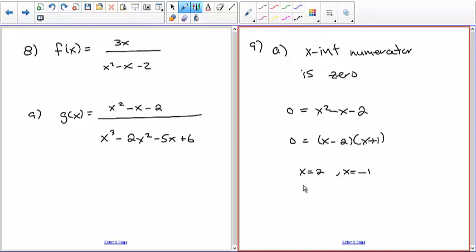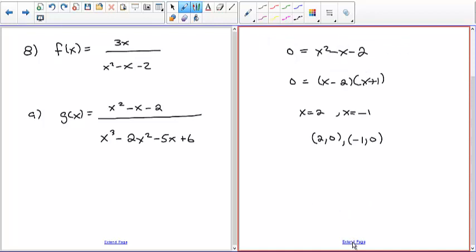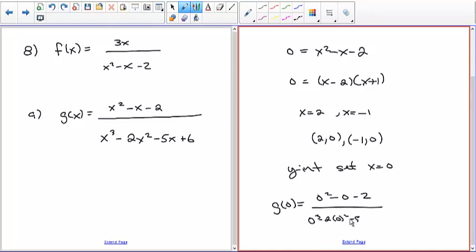In this case, we're talking about intercepts. So it's going to be 2, 0 and -1, 0. So they're not vertical asymptotes, they're intercepts. Okay, the y-intercept, you set x equal to 0. So what we're doing is g of 0, which is 0 squared minus 0 minus 2 divided by 0 cubed minus 2 times 0 squared minus 5 times 0 plus 6.